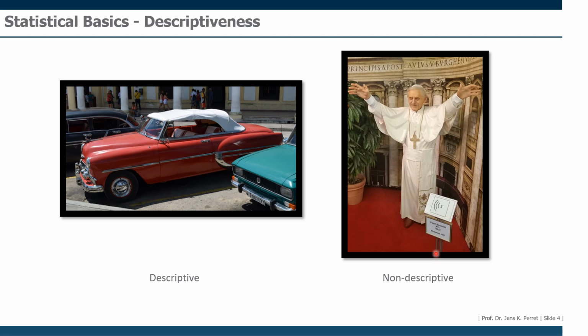So here we also see how we think about certain variables, how we interpret them, might make a difference whether we're talking about descriptive or non-descriptive data. Well, that's about it on descriptiveness.